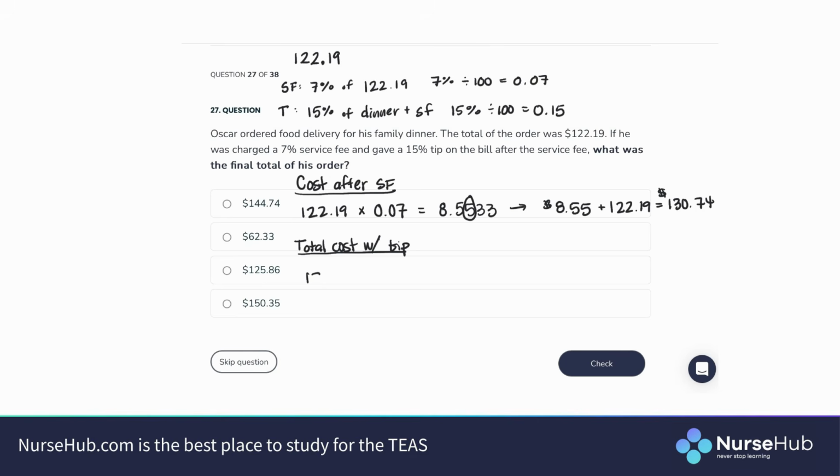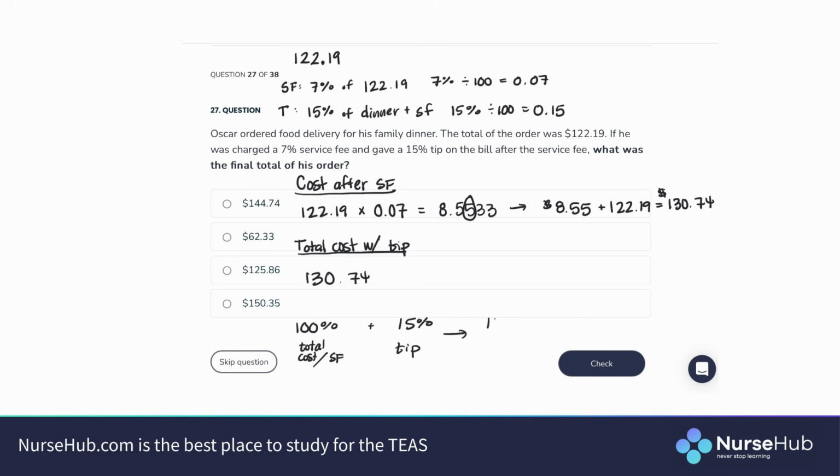So we have our $130.74. Now, what I want you to think about is the tip is off of the total cost. So this is with the service fee. So you're going to pay 100% of your total cost and service fee plus 15% for the tip.